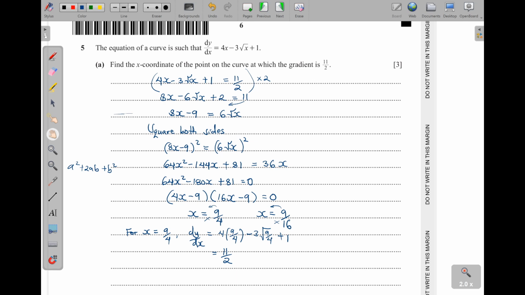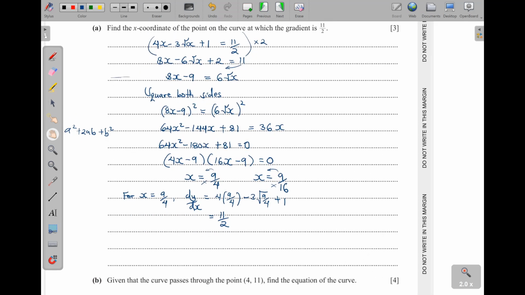Okay? However, so our x here, write it here, x is equal to 11 over 2. You have to test and then you give the only answer that is needed.